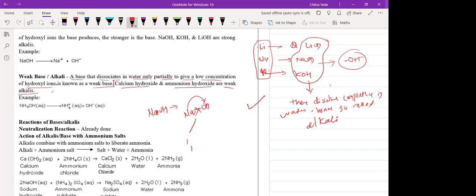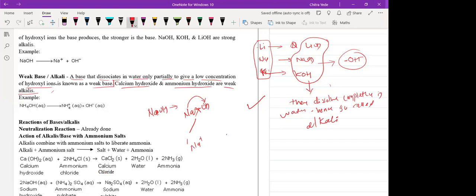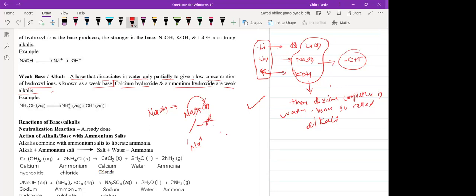So it gives Na positive and OH negative. I hope you understood what alkalis are.